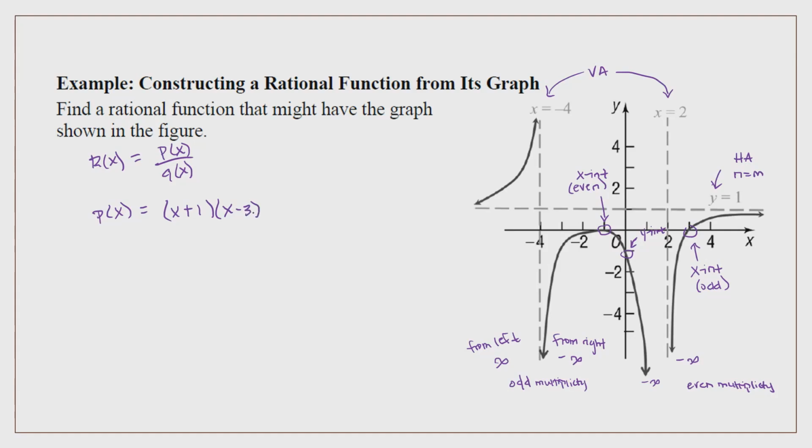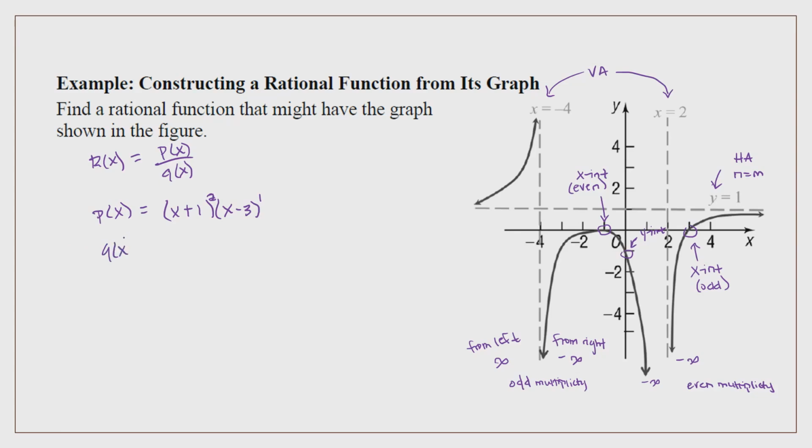Now, the x-intercept -1 is even, so let's give that a power of 2. And the x-intercept 3 is odd, so that would have a power of 1.